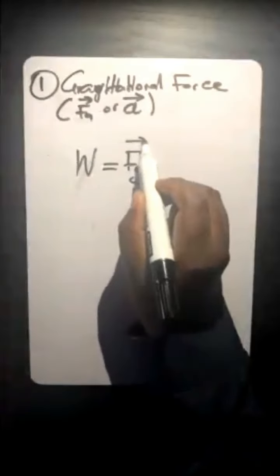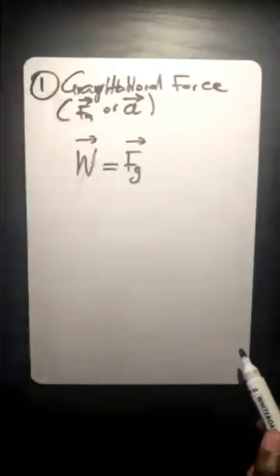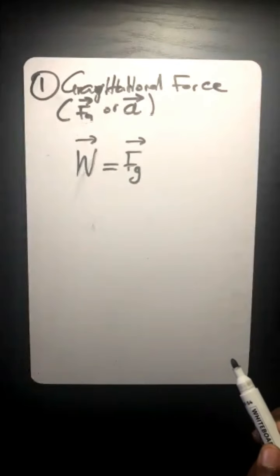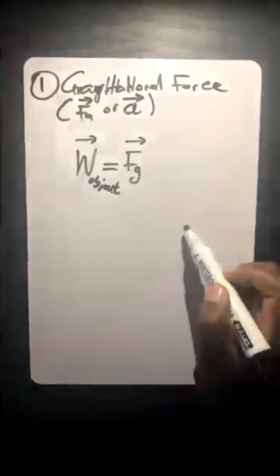So remember both of those. I'm not sure if it now makes sense in terms of that equation, ladies and gentlemen. I'm saying the weight of an object is the same as the gravitational force on the object. In short, the weight of an object is equal to the gravitational force.